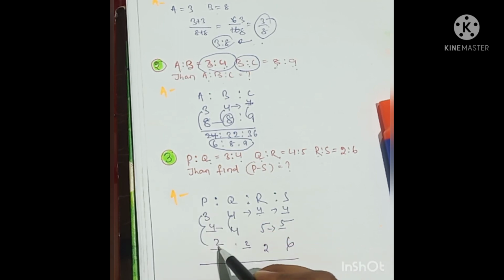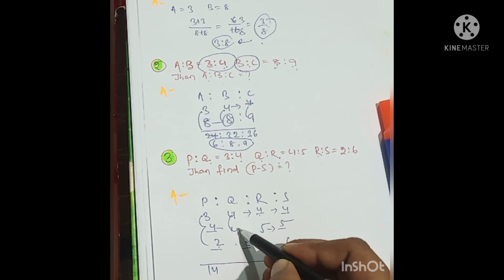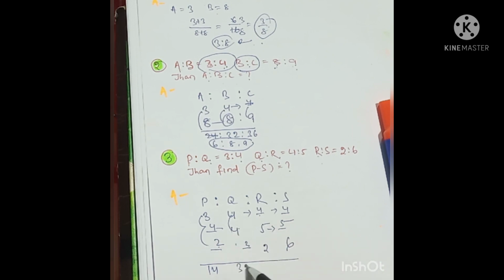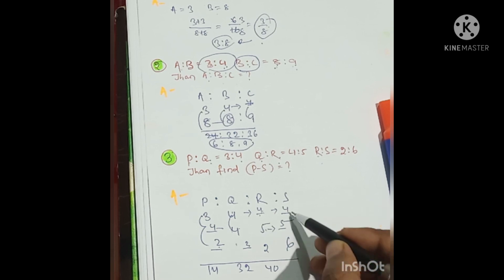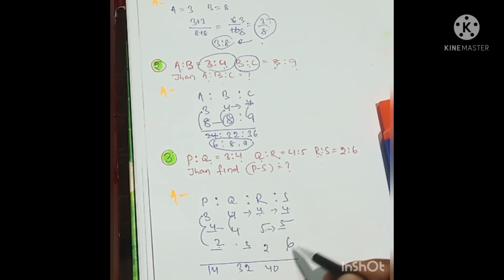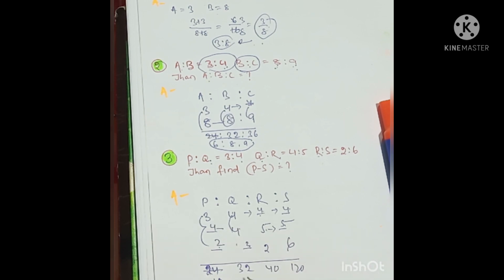3 into 4 is 12, 2 into 2 is 4. Similarly, 4 into 4 is 16, into 2 is 32, 4 into 5 is 20, into 2 is 40, 4 into 5 is 20, into 6 is 120. Cut down by 2 here: 12, 16, 20 and 60.